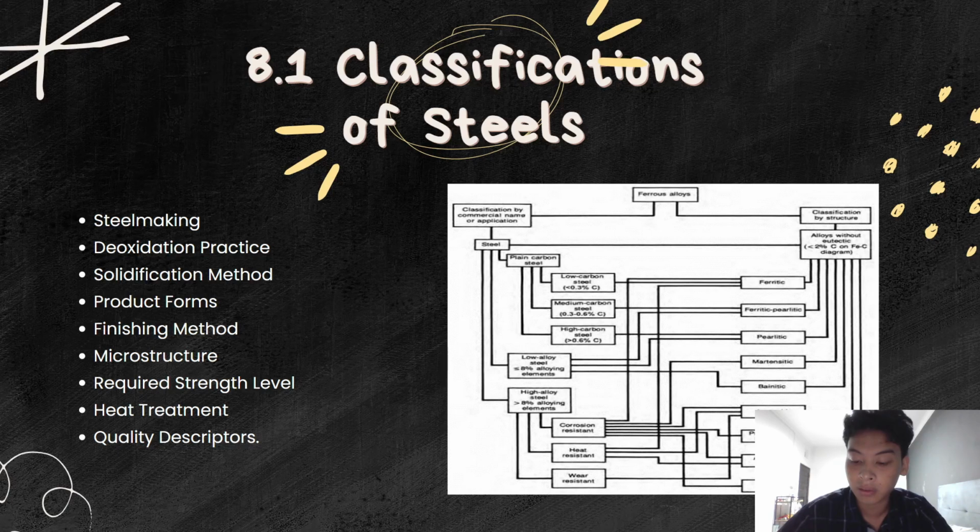Heat treatments are used to produce microstructures that can consist of either pearlite, martensite, or bainite, or some combination thereof. Required strength level. Purchasing standards for steel and many other materials often specify a minimum required level of strength, and some of the categories of steel are defined by their mechanical properties.